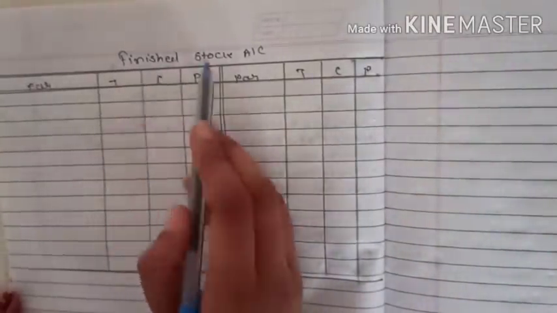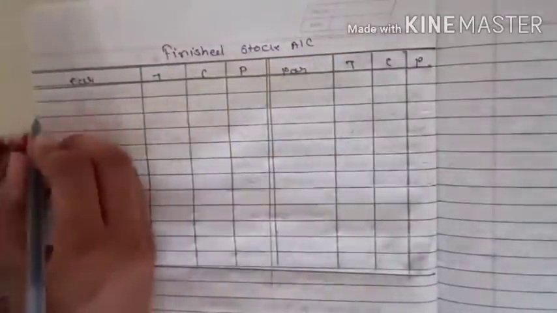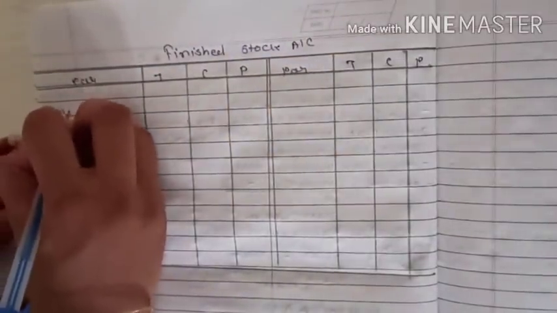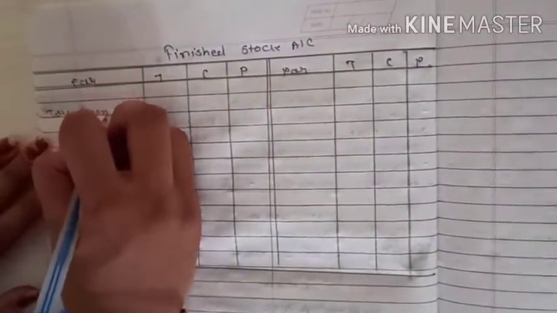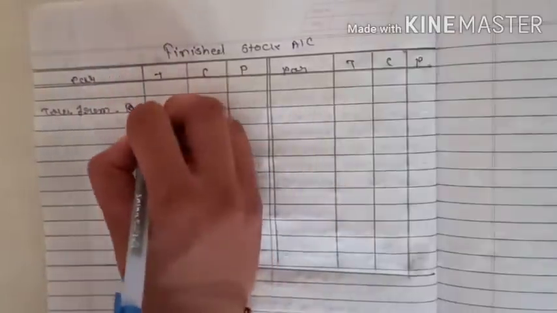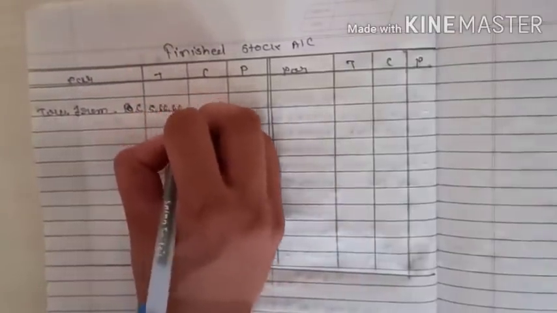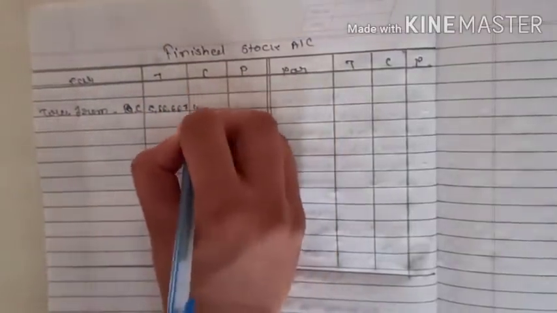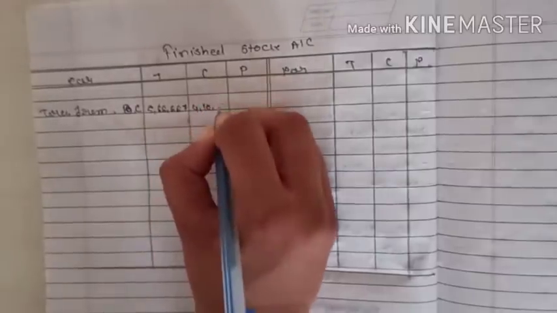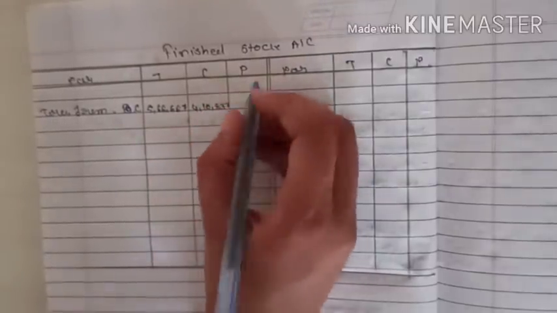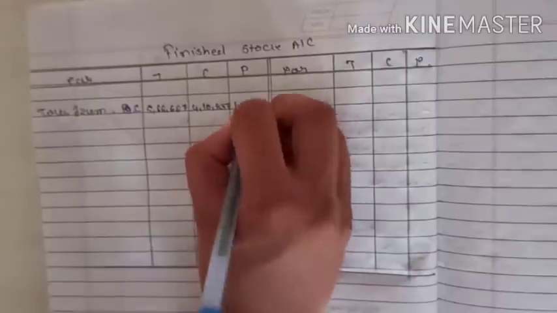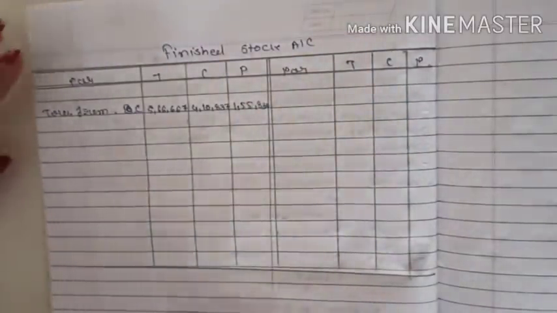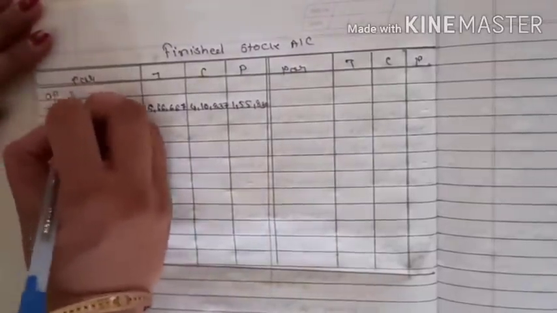Transfer to finished stock, transfer from process account C: 5,66,667. Cost price will be 4,10,837 and profit will be 1,55,830. Right? First we have to write down opening stock.